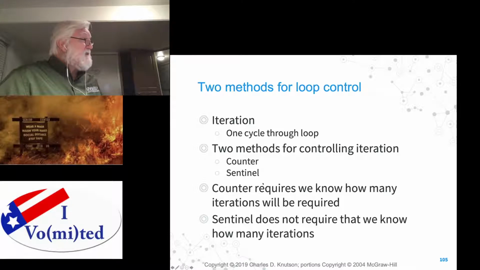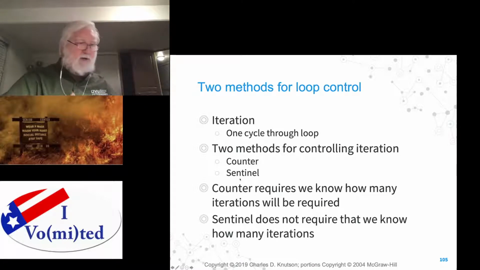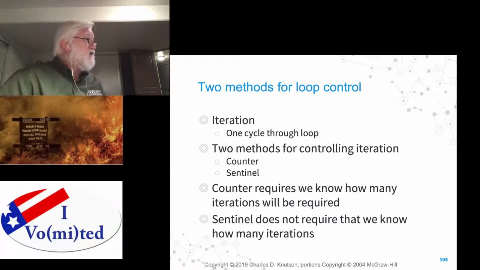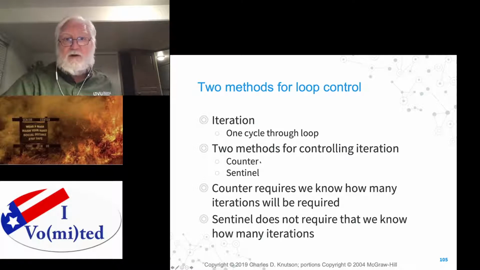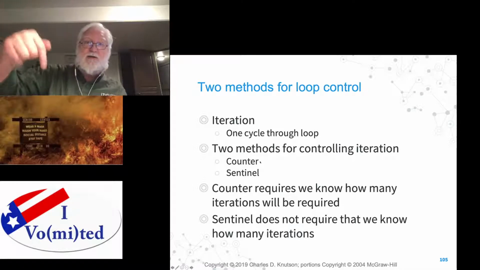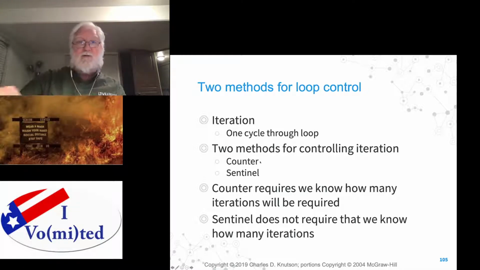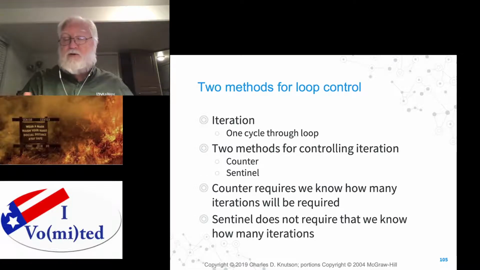So there's two different ways of doing this, broadly speaking. There are more than that, but really broadly, there's two big ways of controlling iteration. What we just did was a counter. We said make a register R2 and start counting it down to 0. When it gets to 0, we'll stop. You could also do other kinds of checks using the control codes.